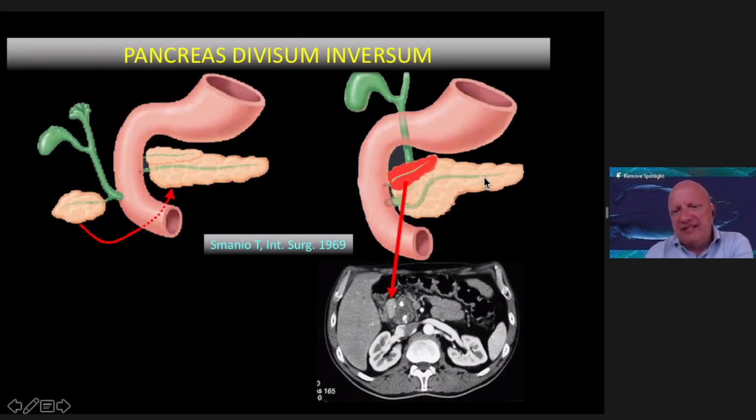That means that this pancreas can have a different natural history from this pancreas, which maintains a different outflow of the pancreatic juice. So what looks abnormal in reality is just a normal enhancing pancreas in an otherwise hypovascular pancreas affected by chronic pancreatitis. And this is the so-called pancreas divisum inversion.